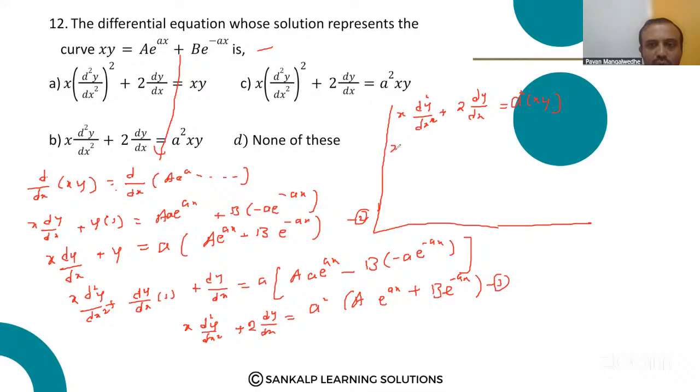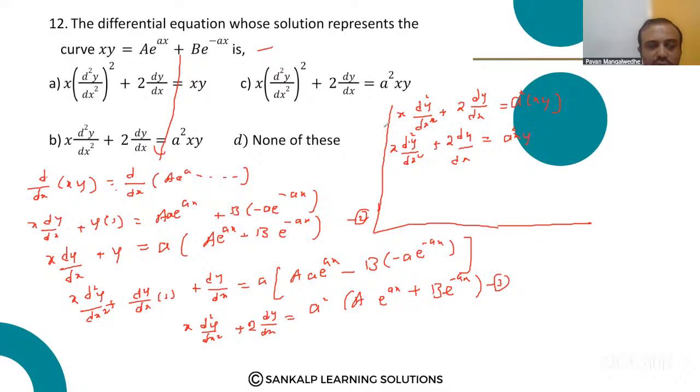So x into d square y by dx square as it is, plus 2 into dy by dx, which is equals to a square xy.